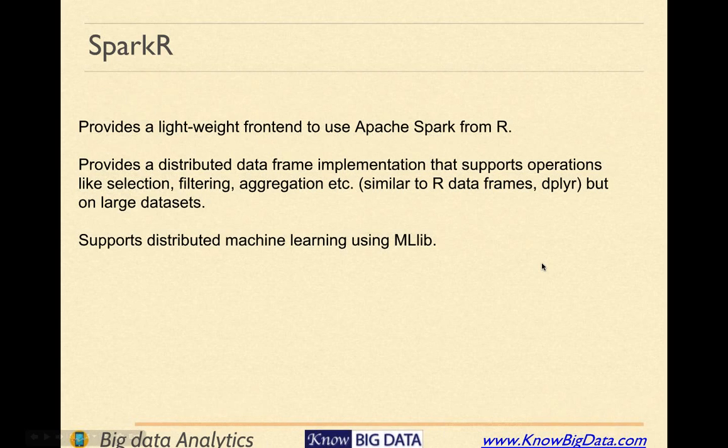All right. So SparkR provides a distributed data frame implementation under the hood, which is nothing but an RDD. It provides those operations which R also provides, like selection, filtering, aggregation, etc., similar to R, but on a larger data set. And for the machine learning part, it tries to get it done through MLlib.